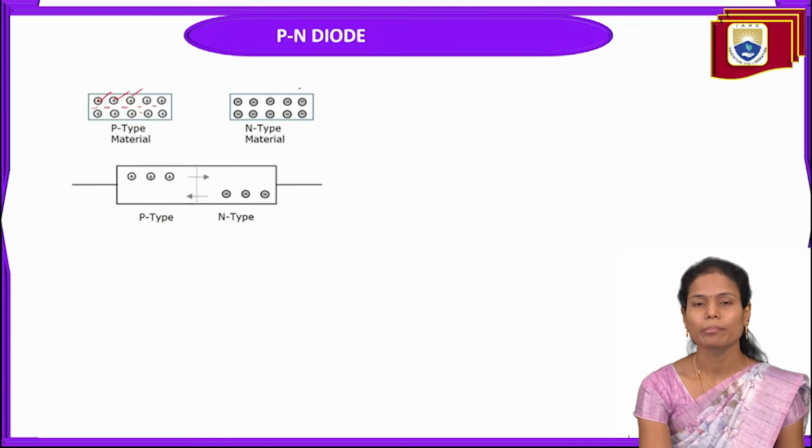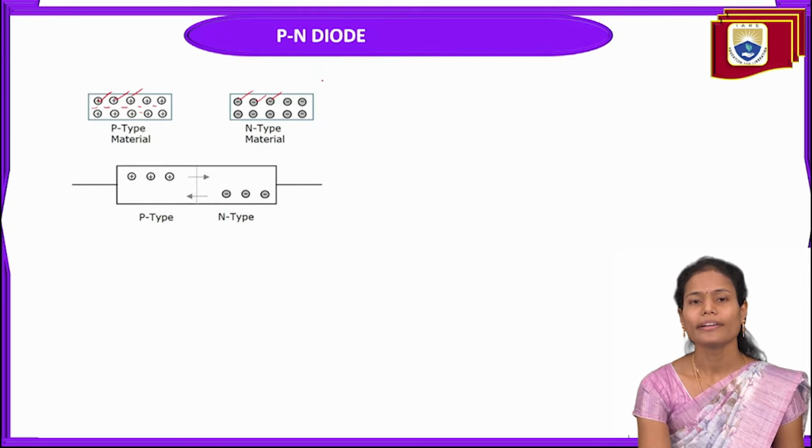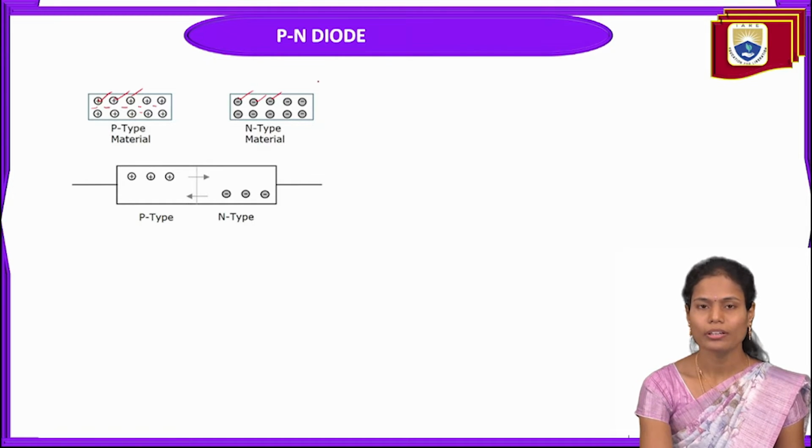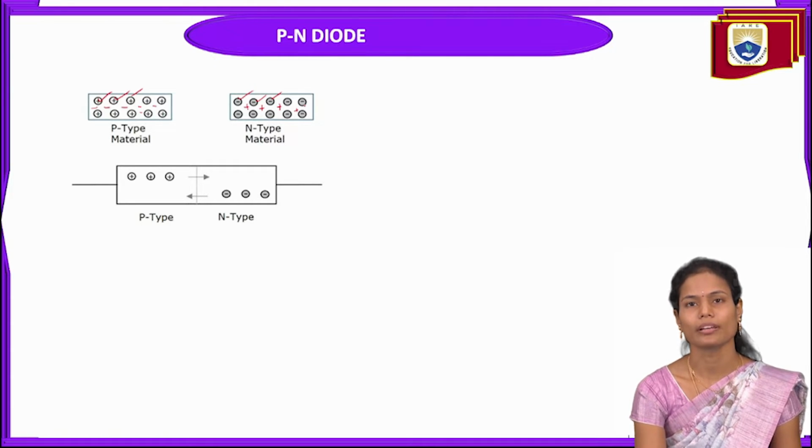To make this N type semiconductor material, we add pentavalent impurities to the intrinsic semiconductor material. If we add pentavalent impurities, we have more electrons in the material, so we indicate it with negative symbols here. In the N type material, more electrons are present compared to holes, so only a few holes are present along with these electrons.